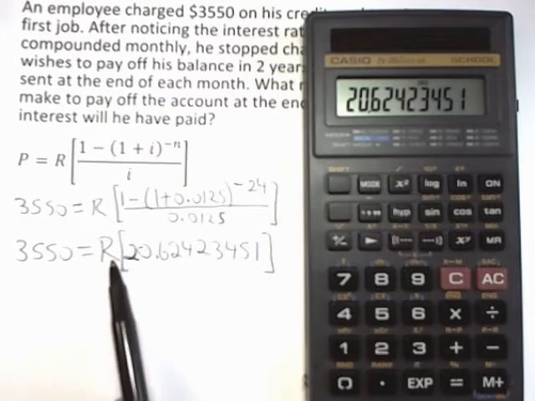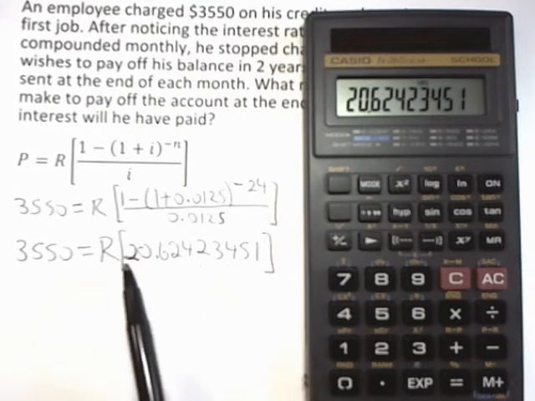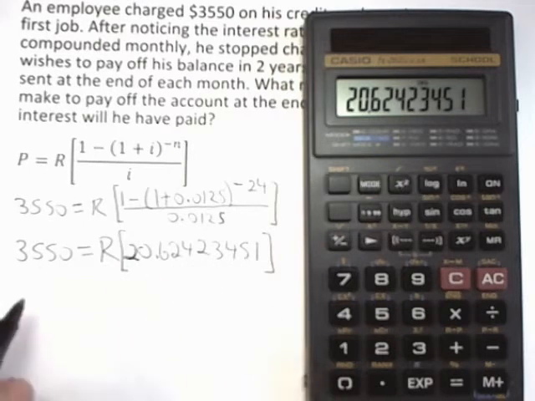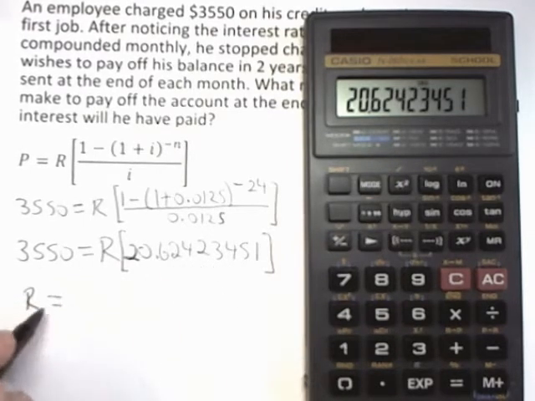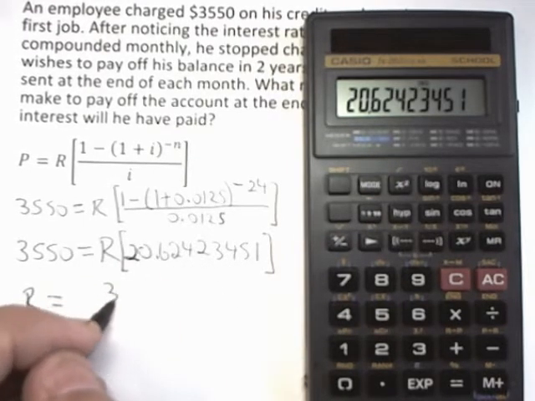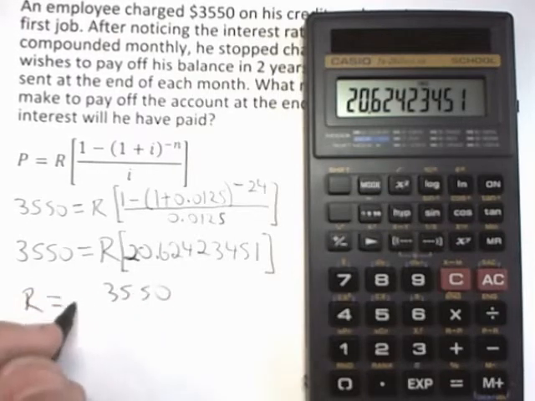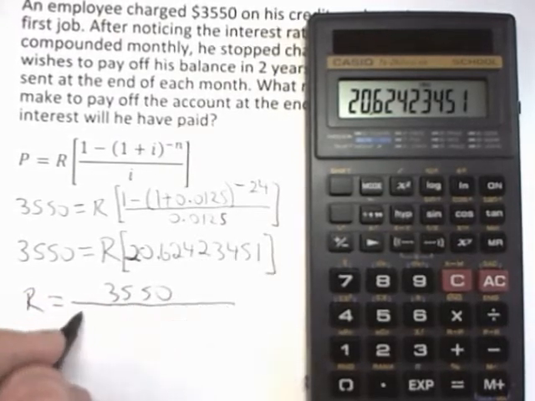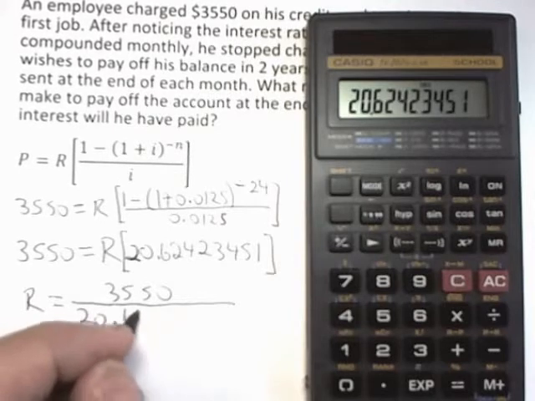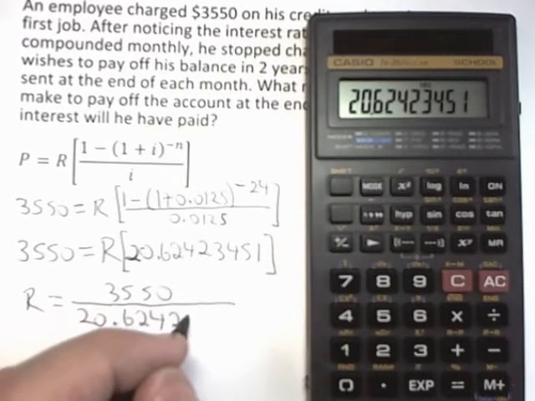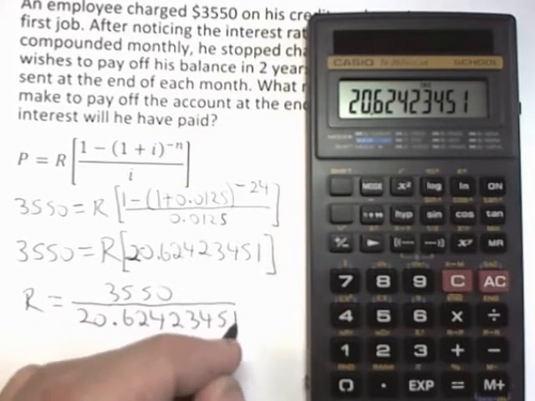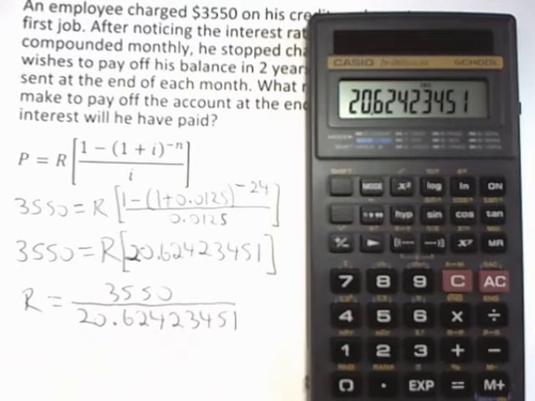Now to solve for capital R, we need to divide both sides by this 20.62423451 quantity. So we get capital R is 3,550 divided by 20.62423451. Now here again, we're in the same situation you've probably been in before.